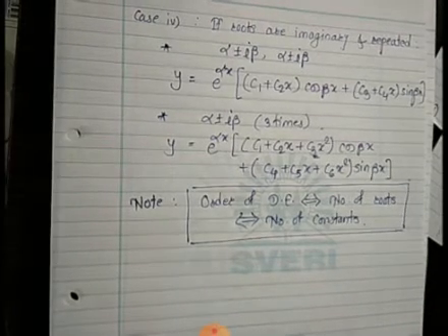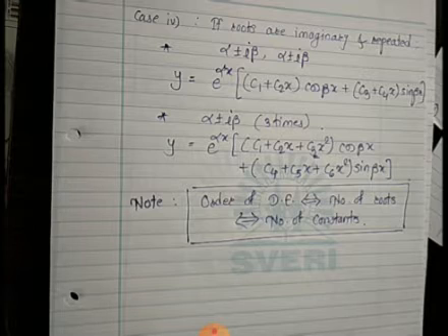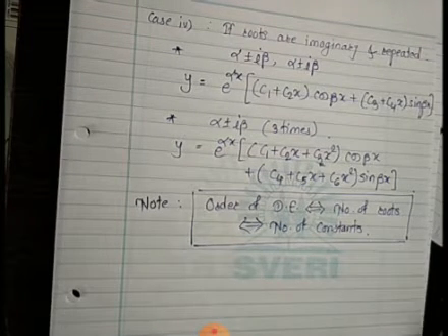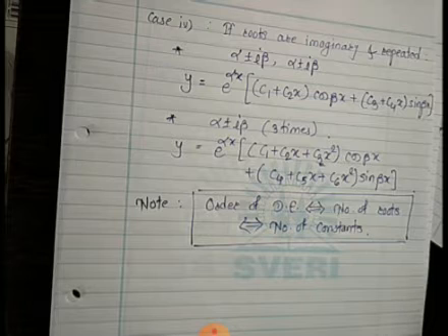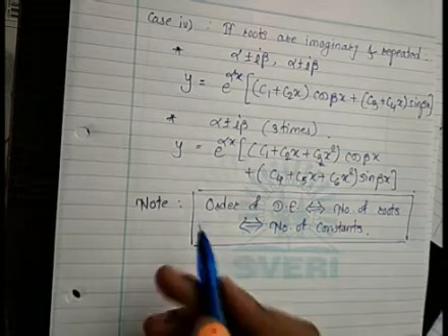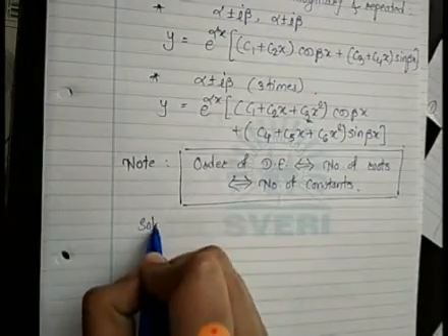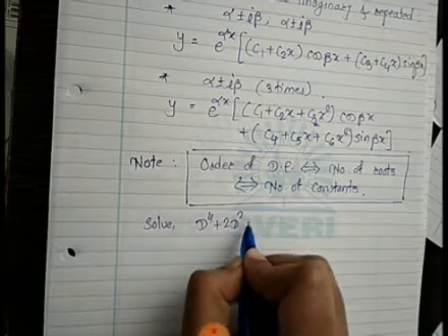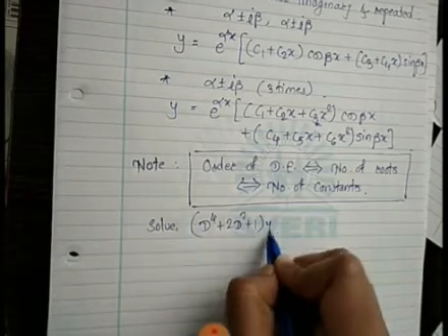So I'll take one example only and then we'll stop. Imaginary and repeated type, we'll take one. Solve D raised to 4 plus 2D square plus 1 y is equal to 0.